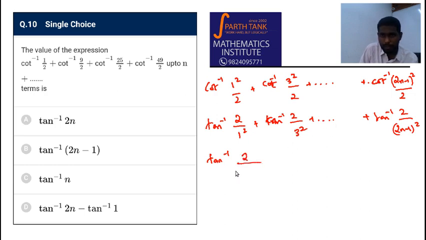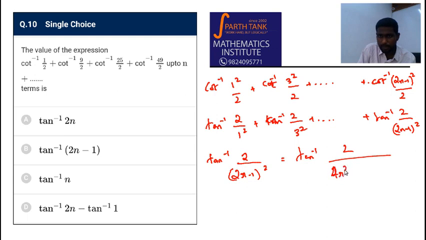That would be 2 by (2r minus 1) whole squared. What can we do about this? If I expand the denominator, it becomes 4r squared minus 4r plus 1.